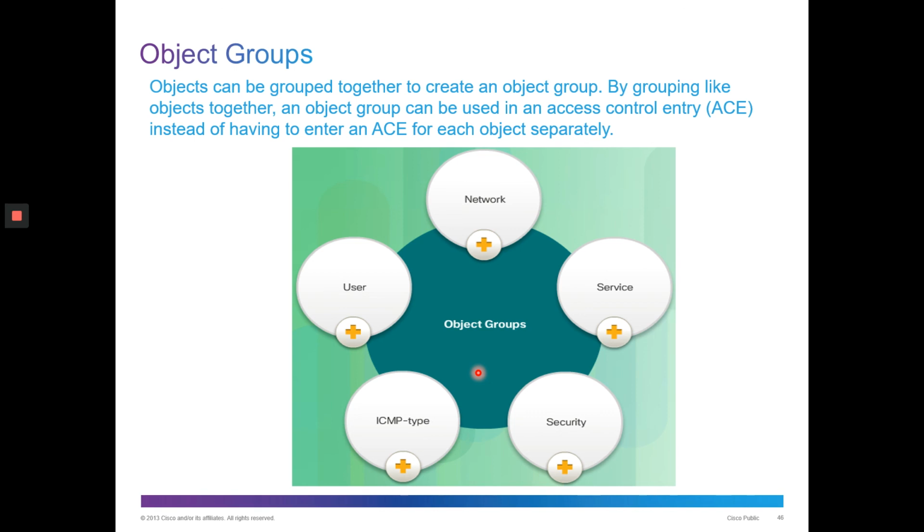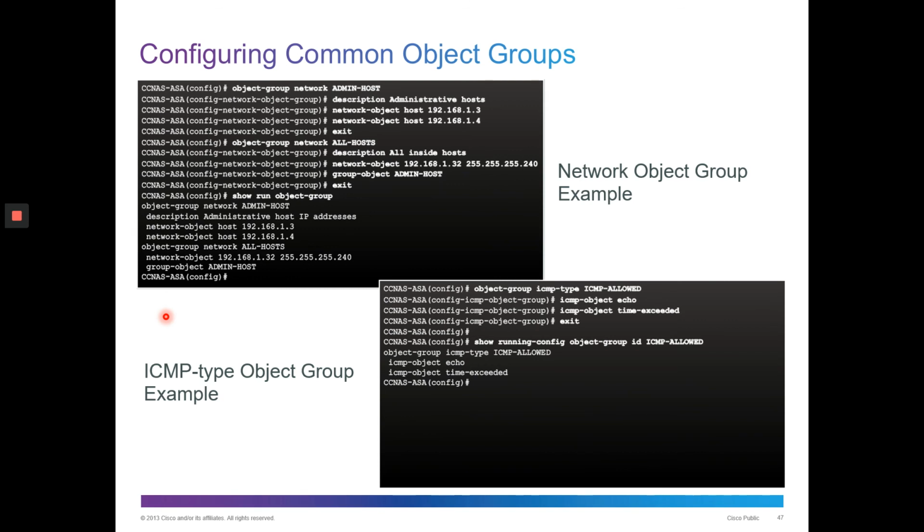This is what I mentioned to you before: you can create an ACL using an object group, and instead of having to enter an ACE for each object separately, you use the group. The ASA supports various types of object group, for example network-based and service-based. There are also security, ICMP type and user types, and I will show you how we can configure this in the slides over here.